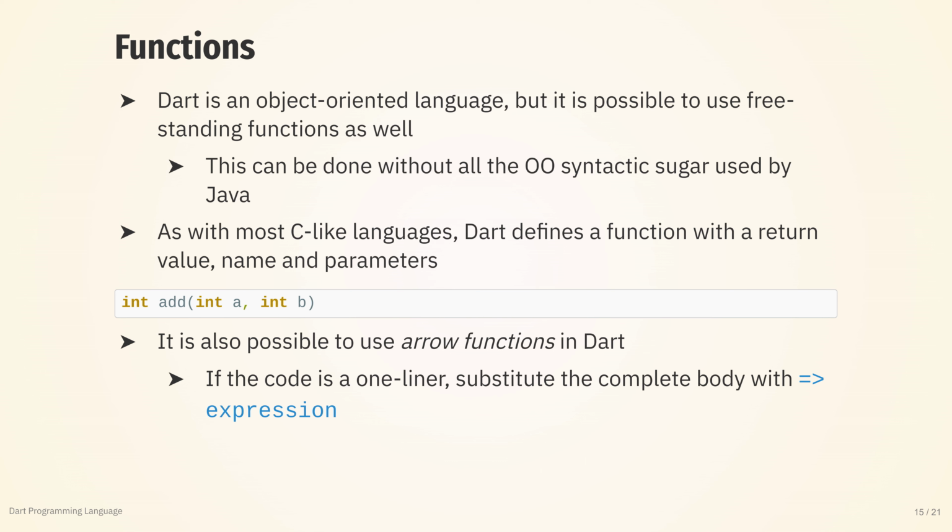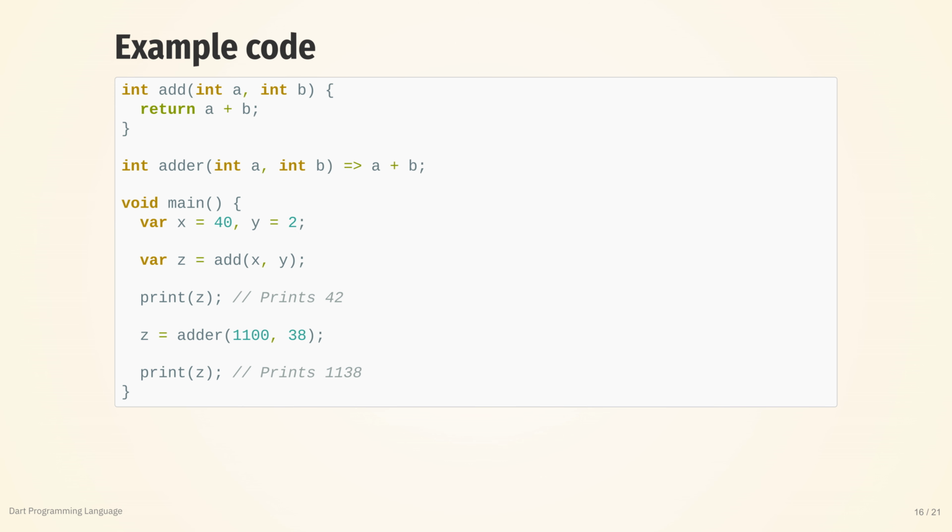It is also possible to use arrow functions in Dart. So if you have one-liners, you can substitute them with an arrow and then the expression, and we'll see that here, where we have the add completely implemented.